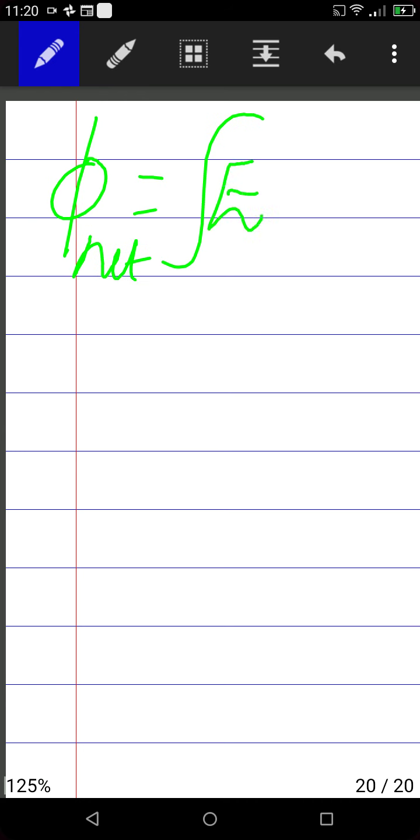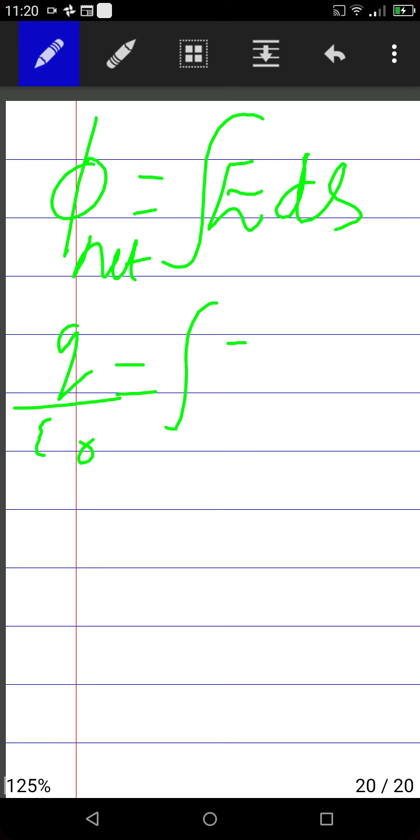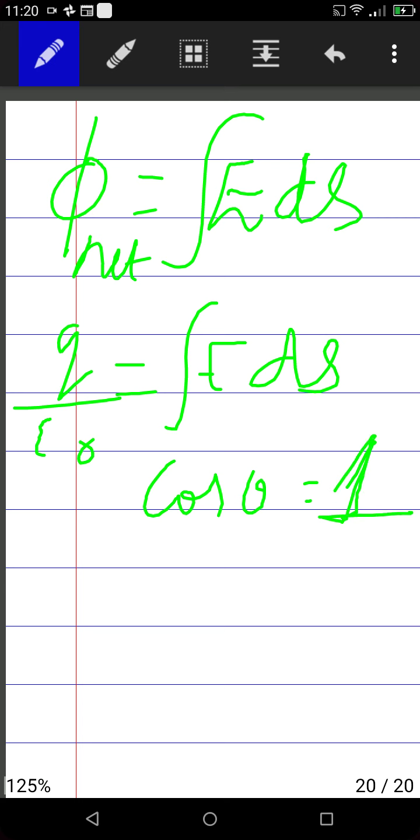Here the net flux is the integral of E ds, and this phi net is equal to Q by epsilon naught by Gauss law, which means Q by epsilon naught is equal to the integral of E ds cos theta. Here in this case, cos theta is equal to 1, because when theta is equal to 0, cos theta is equal to 1, that we know.